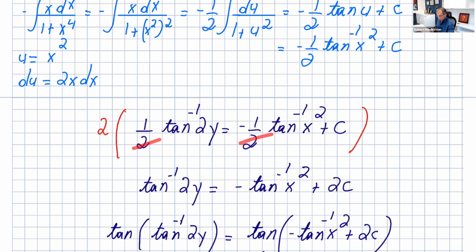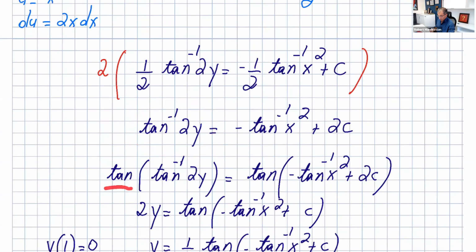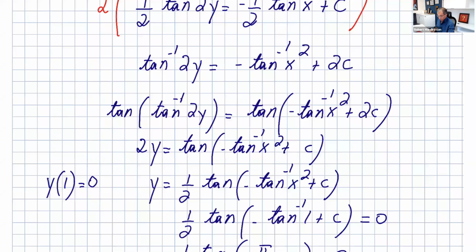To isolate that, if you take the tangent of both sides, tangent inverse is gone, you're left with 2y equals that expression. You can isolate y by dividing both sides by 2, and that's what we get.